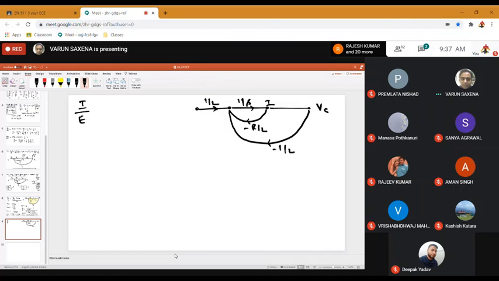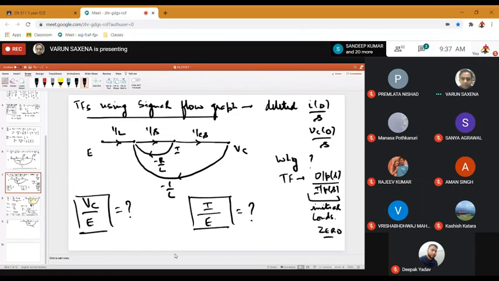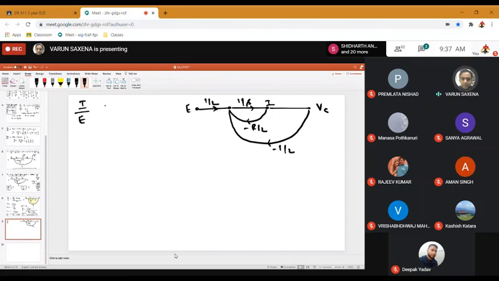Okay. So this is E. Let me just check once. Yeah, okay. Now we have to evaluate this. This will also be the sum from 1 to N of Mk delta k over delta.